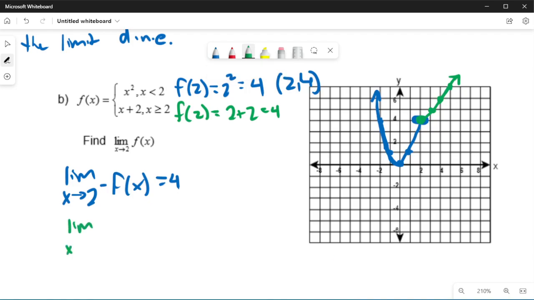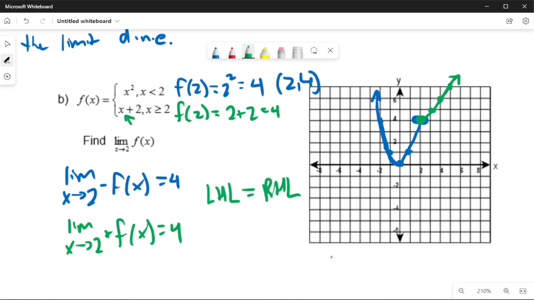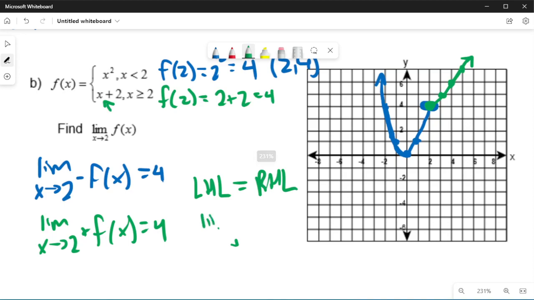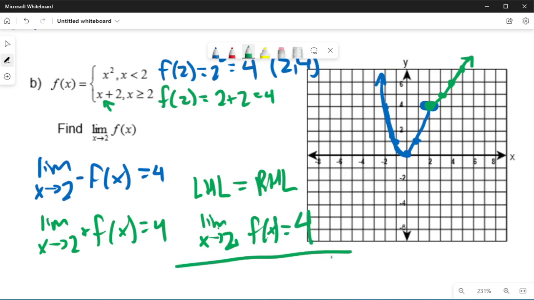If I go ahead and plug it into the other instruction, once again, I conclude that it is 4 because if I plug in 2 on the bottom one, I get 2 plus 2, which is 4. And in this situation, the two limits do agree. So left-hand limit equals right-hand limit, and therefore the limit as x approaches 2 of f of x is 4, right? And the double-sided limit exists there, and it is no problem.